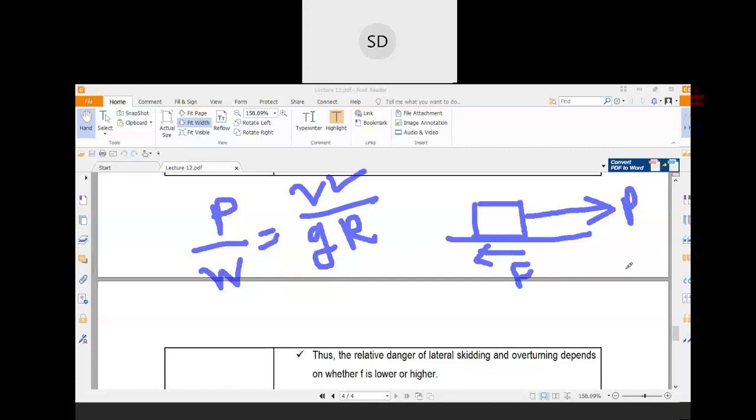Okay. Now we can increase the frictional force. So how to increase the frictional force? Either we can change the texture of the road material or the texture of the vehicle tire, but it is also not so feasible.